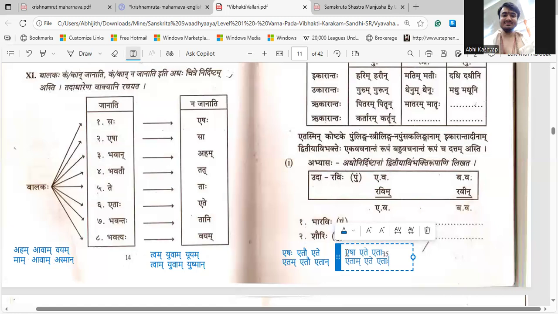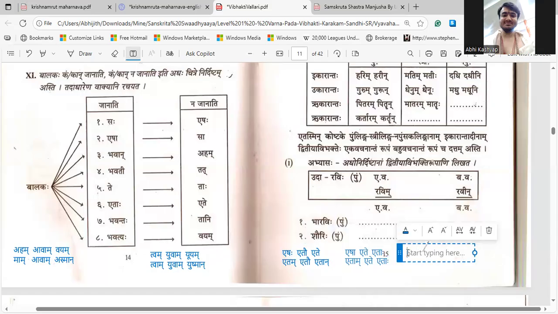Now, what was the rule for Napumsakalinga? It will remain the same for everything. Prathama and Dvitiya will remain the same. So when we are indicating Napumsakalinga, the word is etat, ete, and then etani.